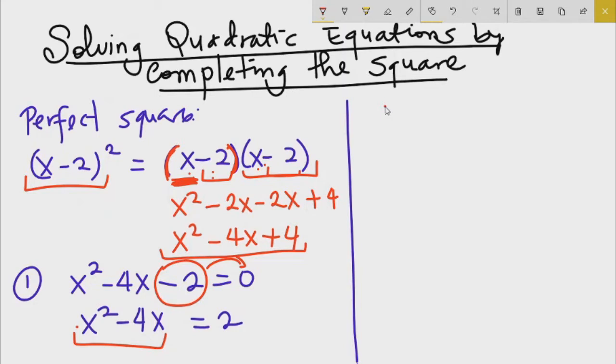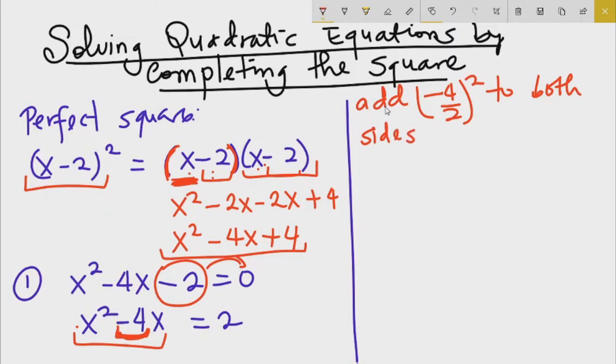So to make it into a perfect square, I need to add the square of half of this coefficient to the left and to the right. So I need to add (-4/2)² to both sides in order to make the left become a perfect square.